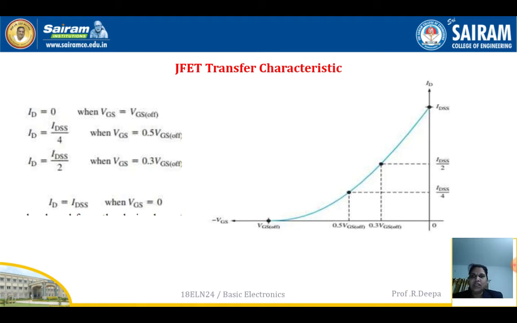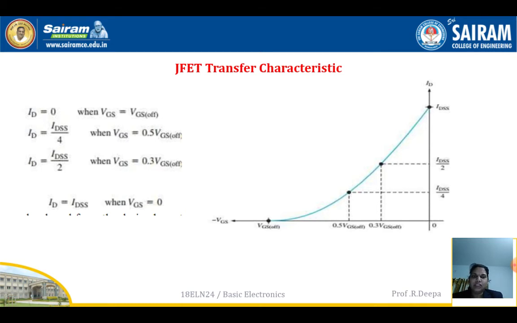For example, when VGS is equal to VGS off, the current is 0. If I slowly decrease the gate source voltage to 0.5 VGS off, the drain current we get is IDSS by 4. Similarly, if I keep on decreasing it, we get a maximum current ID, represented as IDSS.